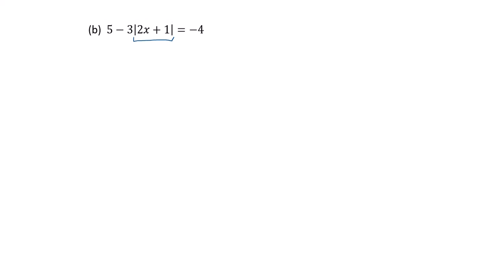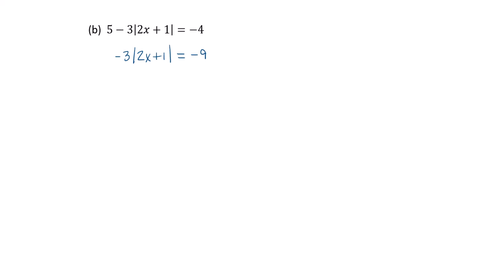Okay, so what you need to do is subtract 5 from both sides first. So we'll have a negative 3, absolute value of 2x plus 1 equals negative 9 after subtracting 5 from both sides.